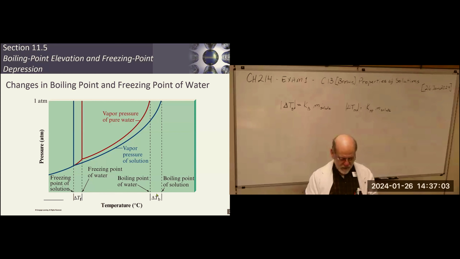But if we make a solution out of it, then we actually decrease the vapor pressure of the water, and that is a determining factor for the boiling point. The vapor pressure has to reach atmospheric pressure, which means we have to get the solution hotter in order to reach the 1 atmosphere vapor pressure. So that's why the boiling point increases.